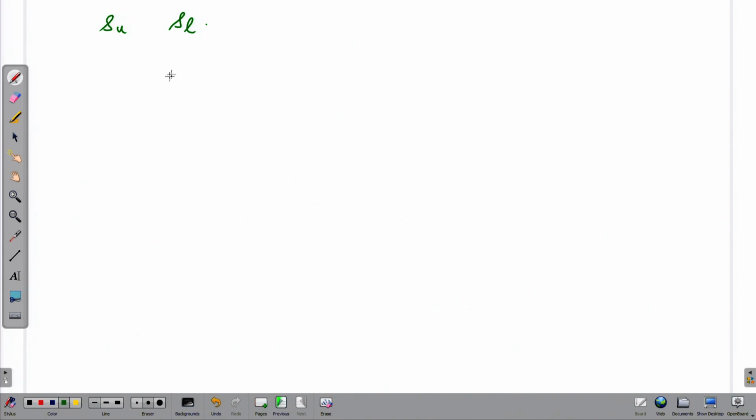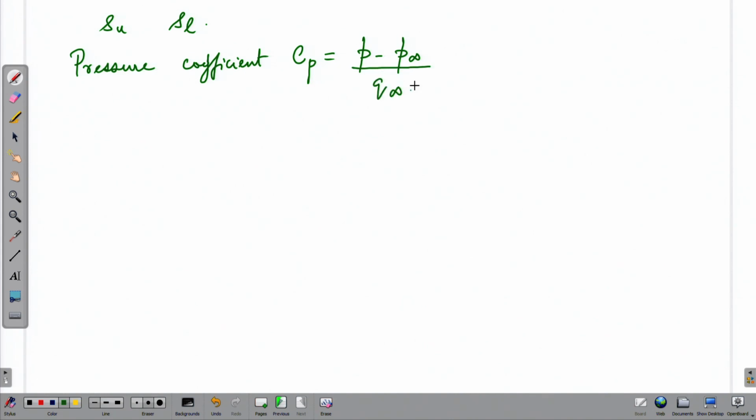Before we do that, we incorporate another two coefficients into our list, the pressure coefficient Cp, which is the difference between the local pressure and the free stream static pressure P infinity.